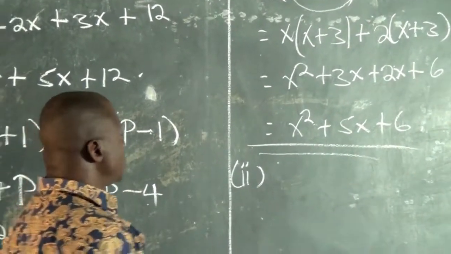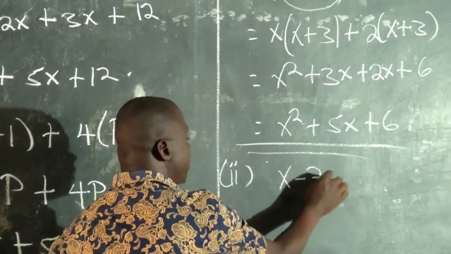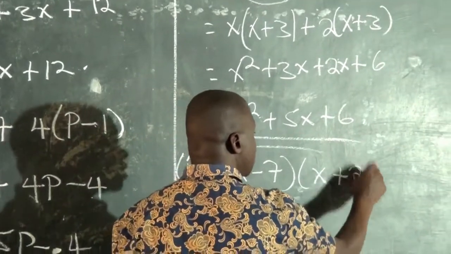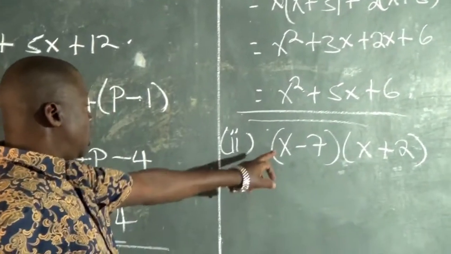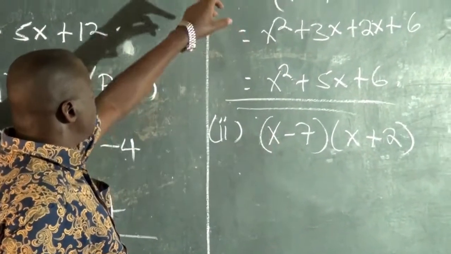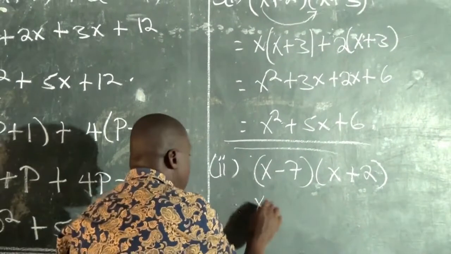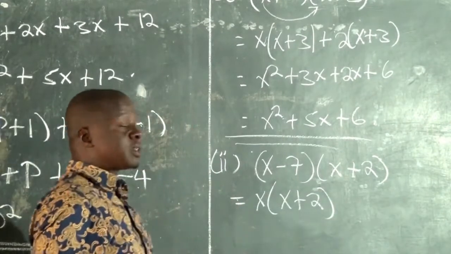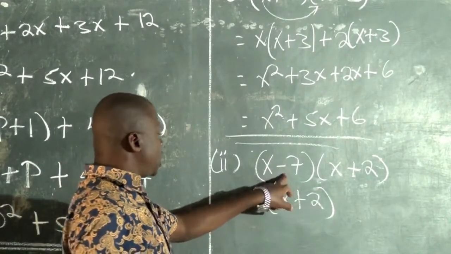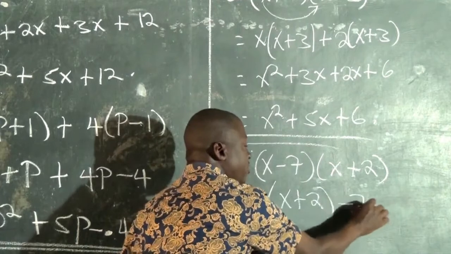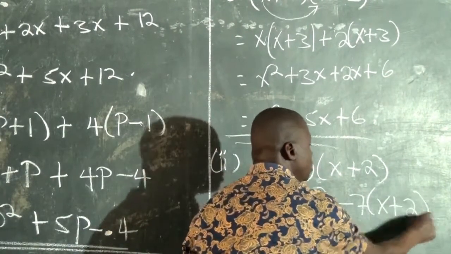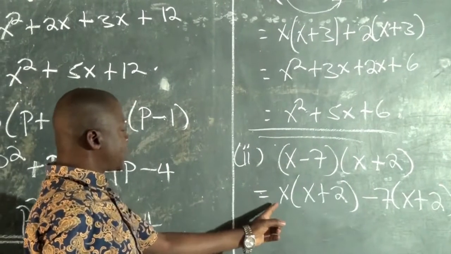In case 2, we have x minus 7, then x plus 2. Similar to case 1, x is supposed to affect elements within the second bracket. Remember the negative: we have negative 7 into x plus 2. We shall open brackets.